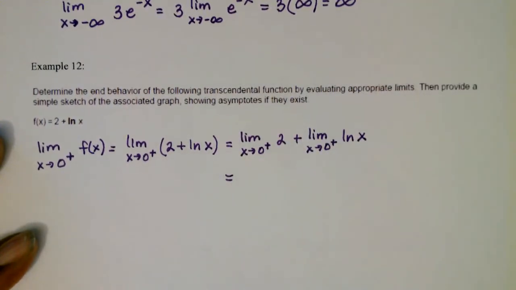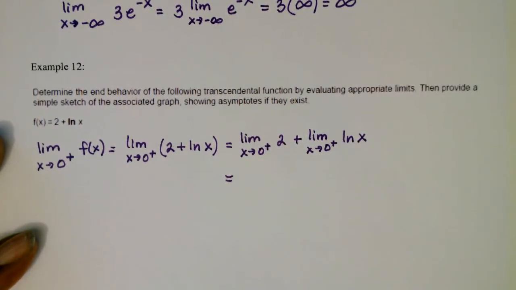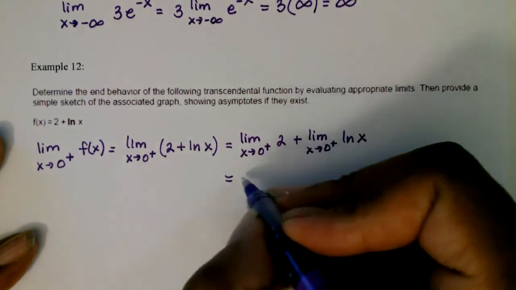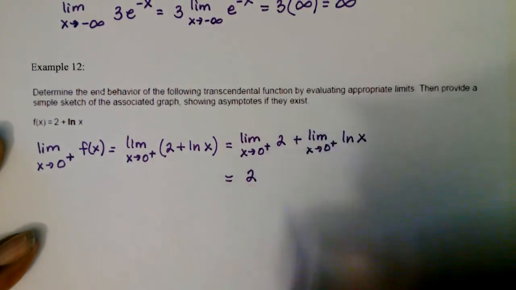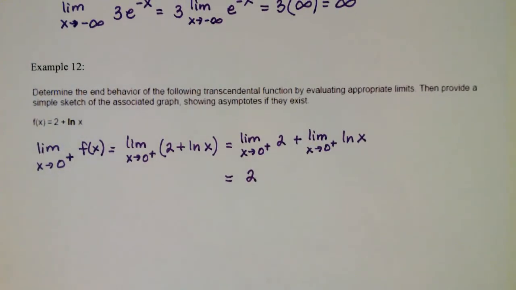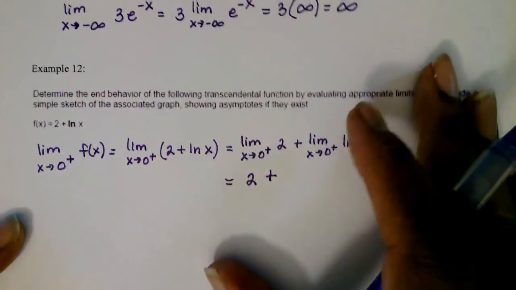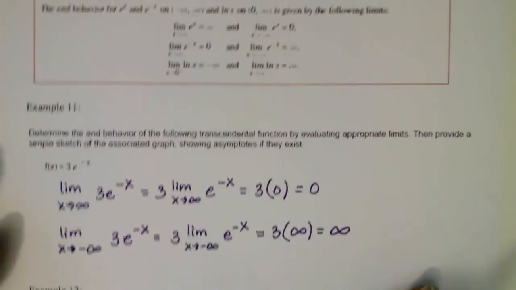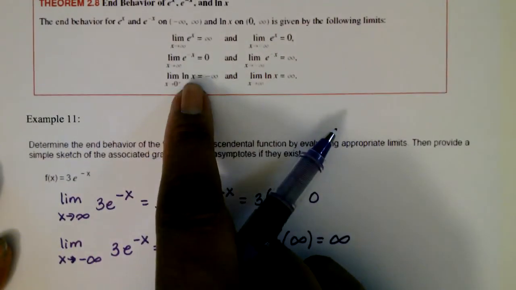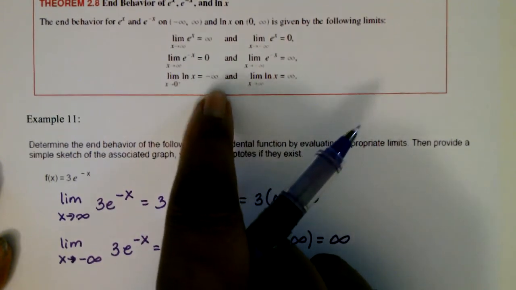Well, regardless if it's going to the right or to the left, the limit of a constant is a constant. So that limit as x approaches 0 from the right of 2 will be 2 plus, using the rule for the limit as x approaches 0 from the right of ln of x, that's going to be, in this case, negative infinity.